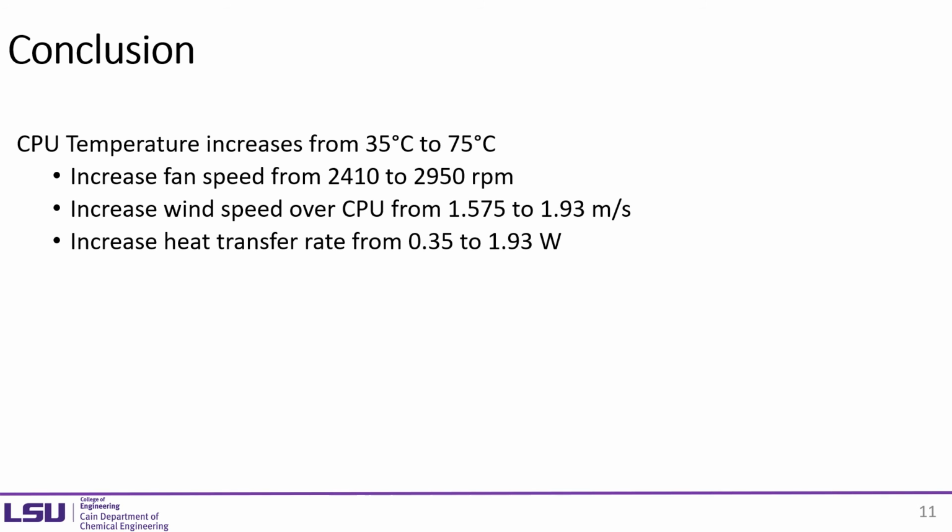From that, we can calculate the speed of air going across the CPU of about 1.575 and 1.93 meters per second, respectively, for those two CPU fan speeds. And with this, we can find that the heat transfer rate of the CPU going to the air will increase from 0.35 to about 1.93 watts as we increase our CPU usage from about 0% to about 100%.